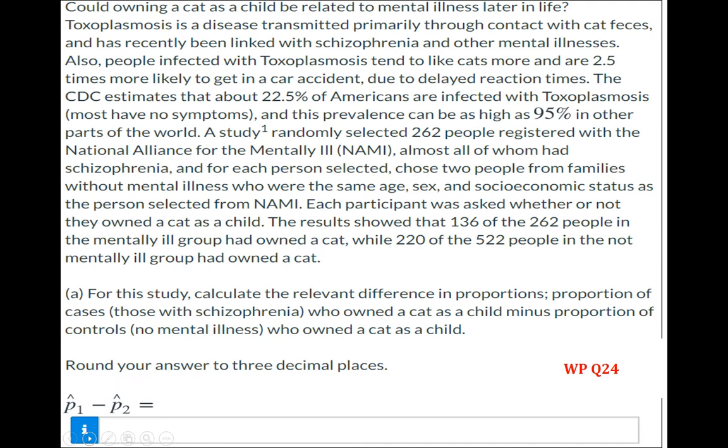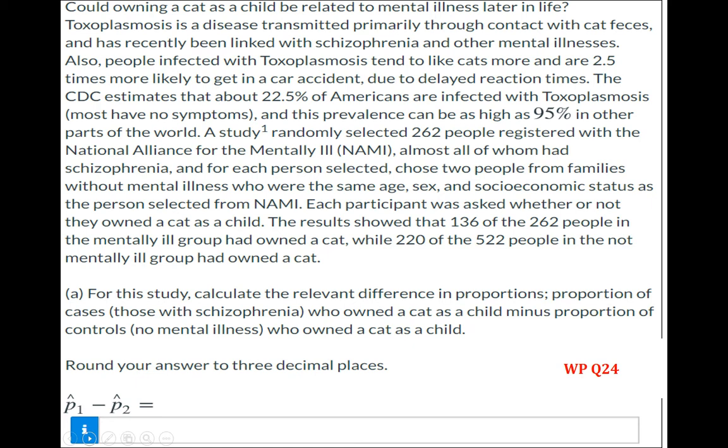Wow, this is a bunch of wording right here. Let's see what we got. Could owning a cat as a child be related to mental illness later in life? Toxoplasmosis is a disease which is transmitted primarily through contact with cat feces. Yuck. And has recently been linked with schizophrenia and other mental illnesses. Also, people infected with toxoplasmosis tend to like cats more and are 2.5 times more likely to get in a car accident, due to delayed reaction times.